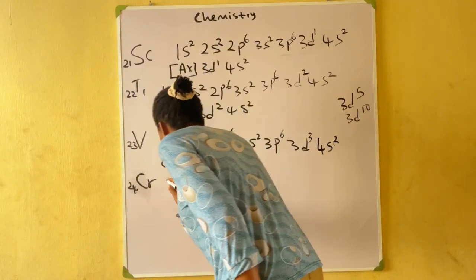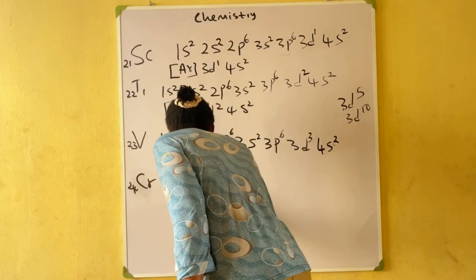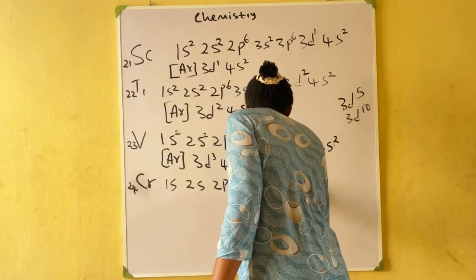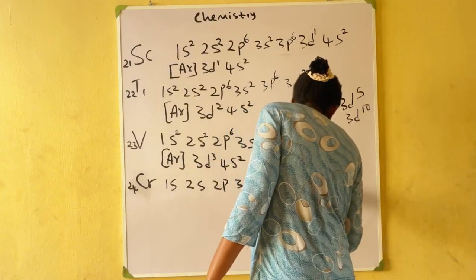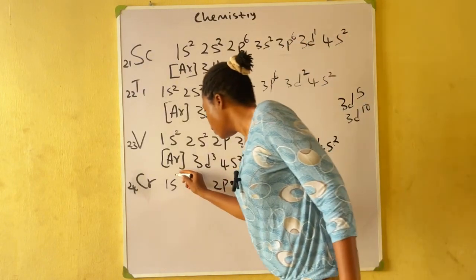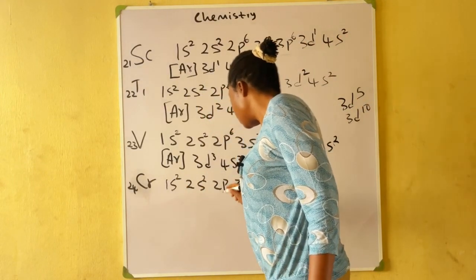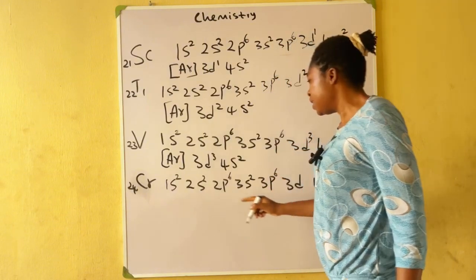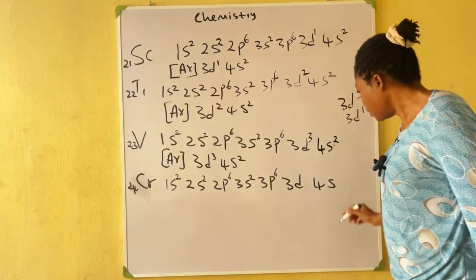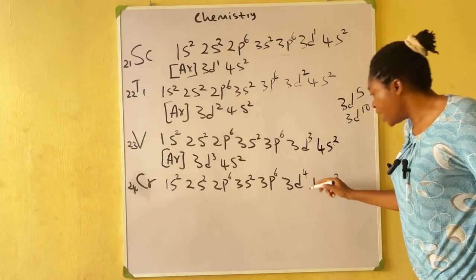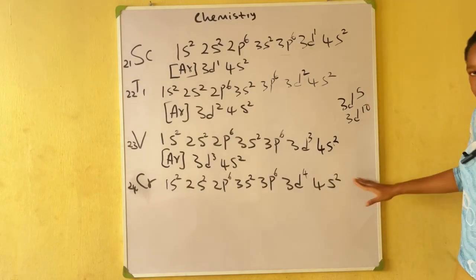So we'll start again: 1s, 2s, 2p, 3s, 3p, 3d, and 4s. Assign 2 for s, 2 for s, 6 for p, 2 here, 6 here. I've gotten 18. If I put 2 here, that's 20, and I put 4 here, that is 24.